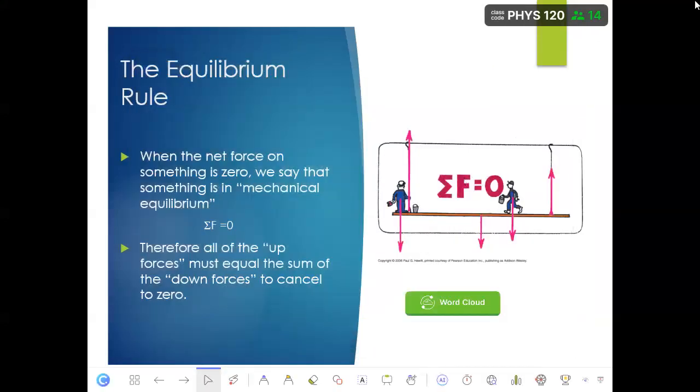The equilibrium rule is telling that when you're analyzing a system, what is the system in physics? You are analyzing this chair's motion. You will say my system is just this chair. And now you would say there are two chairs.